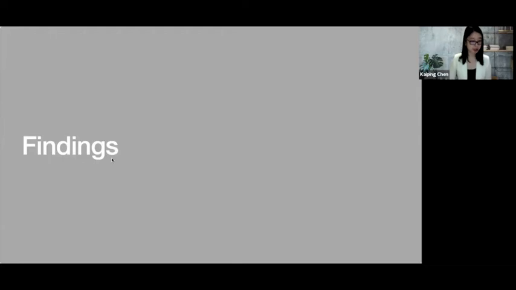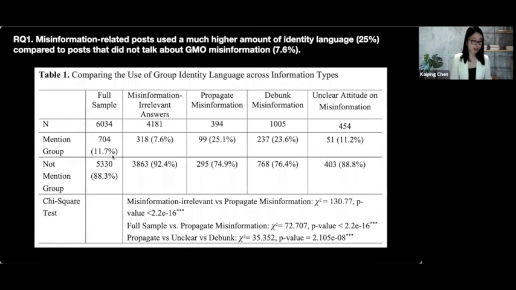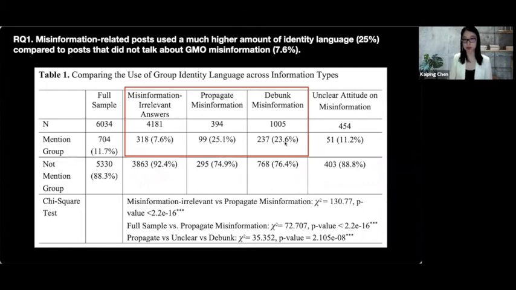So let me share with you some of our very interesting findings. First, we examine the amount of identity language used in various types of posts. What we found is that posts that talk about GMO misinformation used a much higher amount of identity language, such as 25%, 23%, compared to posts that do not talk about misinformation, which only use identity language 7% of the time.